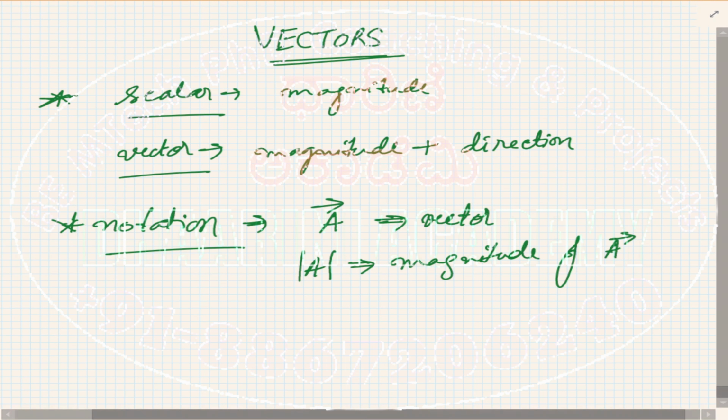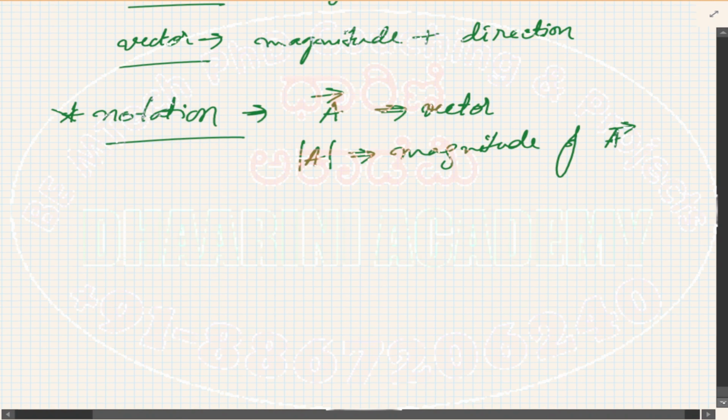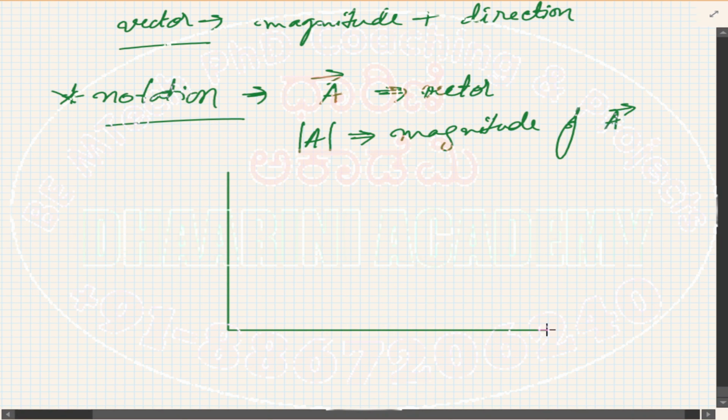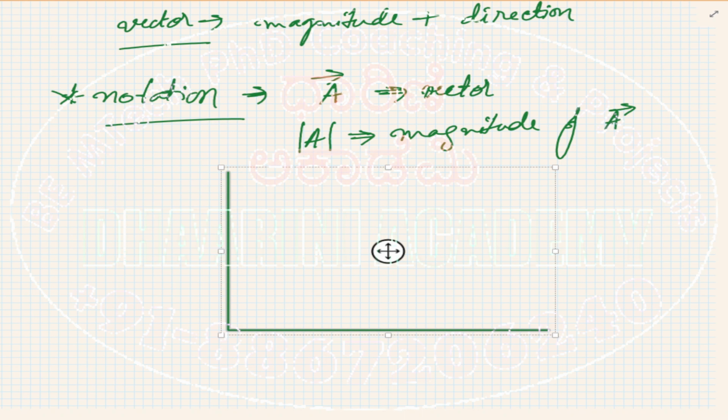All right, now when we say it is a vector, this specific representation has to follow our xyz axis. In terms of an axis, we can measure a vector in this way.